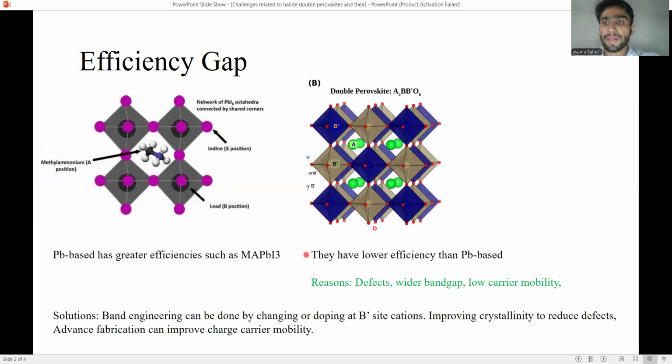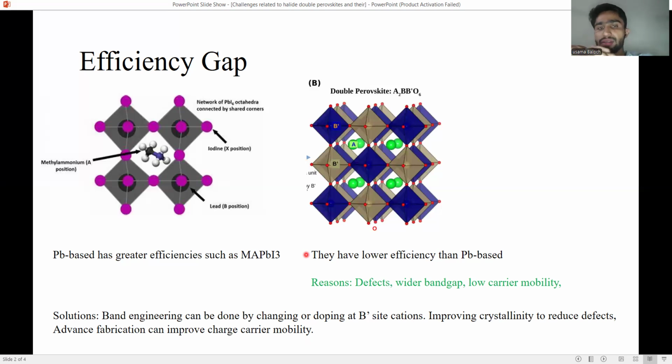What is the solution? The solution is doping. We can dope at the B side cations. You know the structure of perovskite. It has a major, larger cation present at the center, and there are a few cations, B and B prime, sometimes one monovalent and the other trivalent. At the B or B prime side, you can make doping, and by doping you can reduce the band gap.